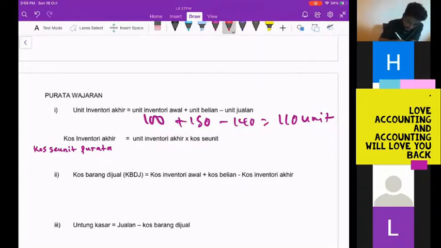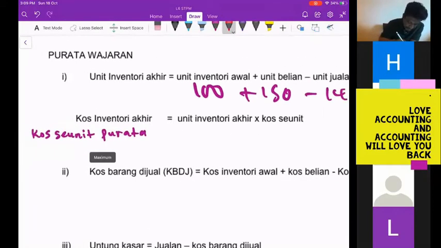So what is the total? You have 100, you have 80, then you have 70, times with 10, times with 11, times with 12. So how much answer do you get?